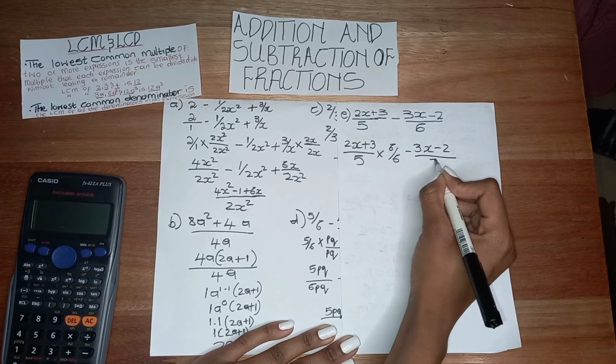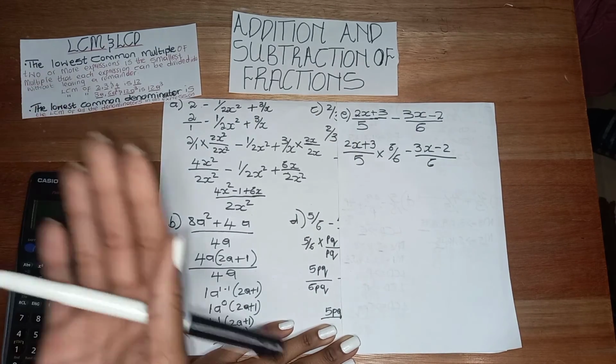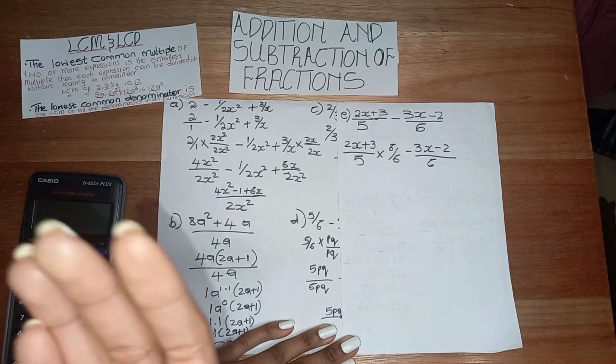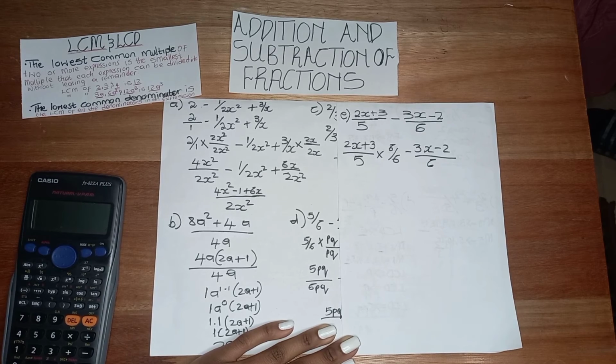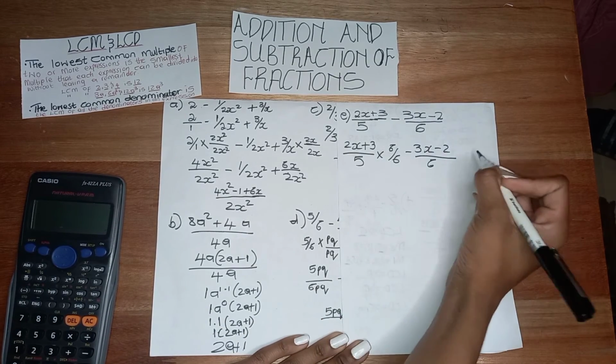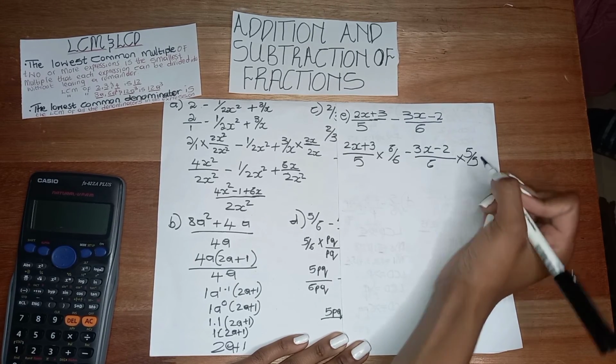So like this, we're just doing a short way of avoiding the long steps of wanting the multiples of 5 and the multiples of 6. So if they've required you to show the steps of multiples of 5 and multiples of 6, you shouldn't do this method, but you should look for multiples of 5 and multiples of 6.